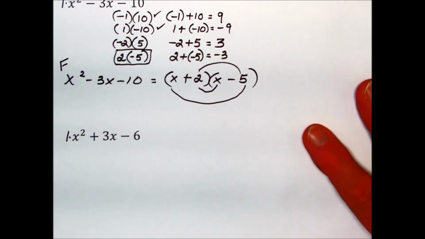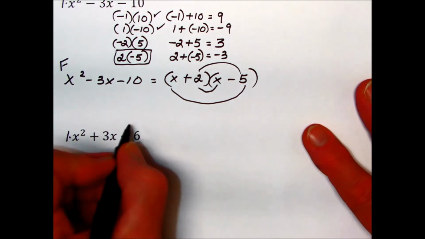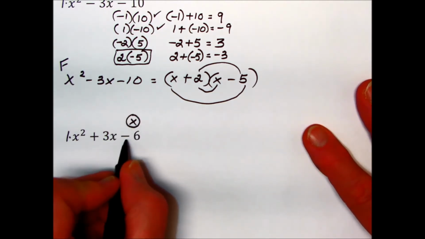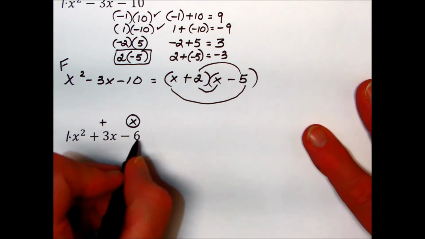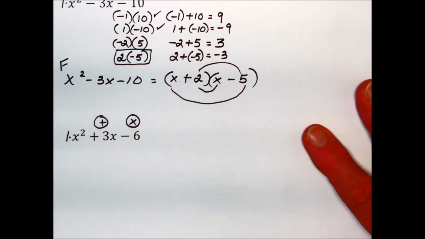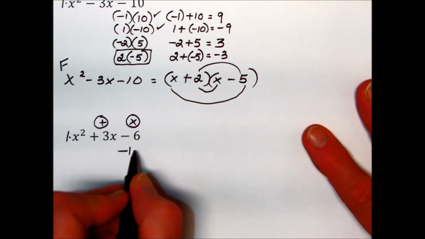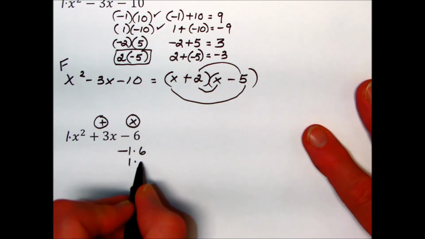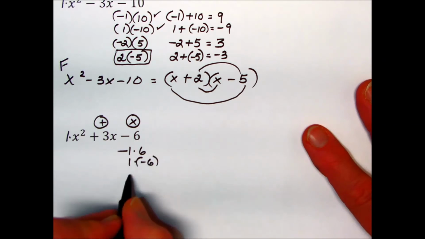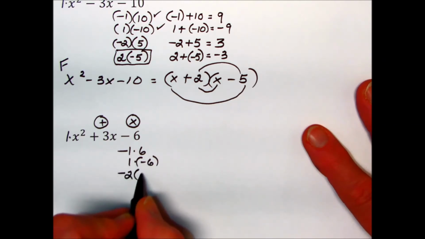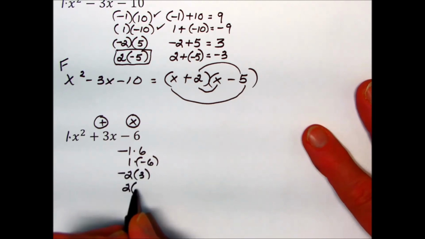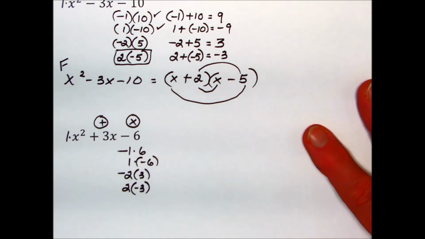Next one, same thing. When your coefficient is 1 on your highest power term, you can look at the procedure of what multiplies to give you negative 6 and adds up to give you the 3. We have some choices. We have negative 1 and 6, 1 and negative 6. We could also have negative 2 and 3, and positive 2 and negative 3.